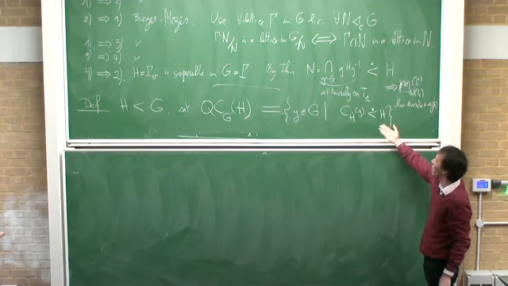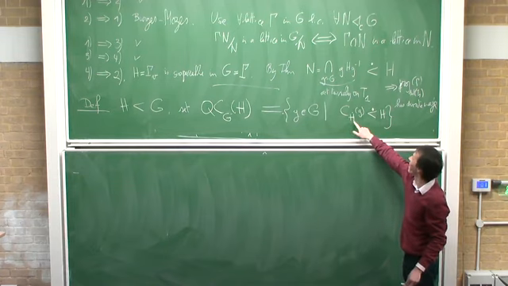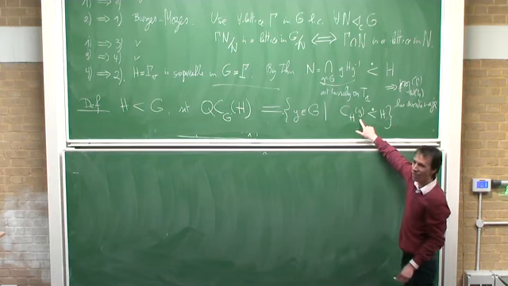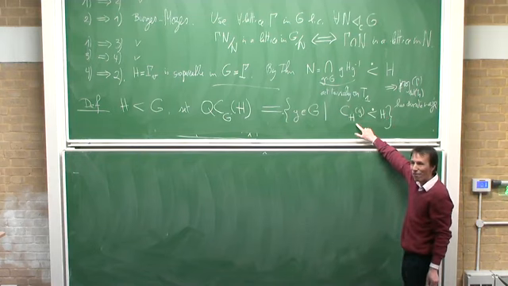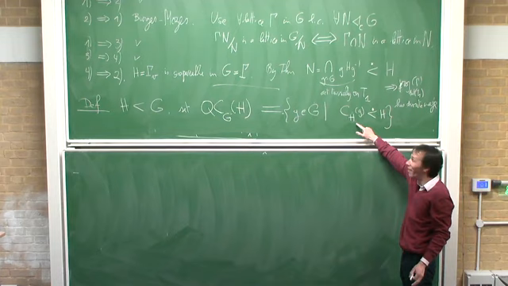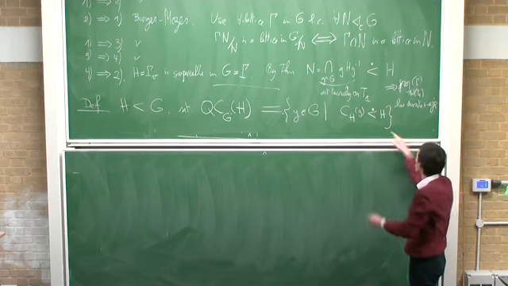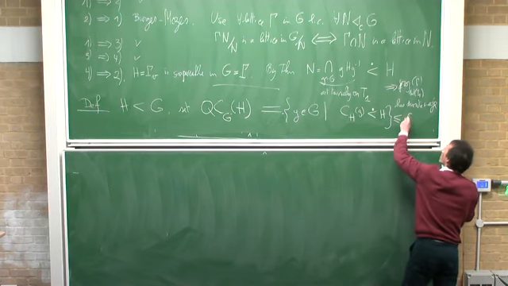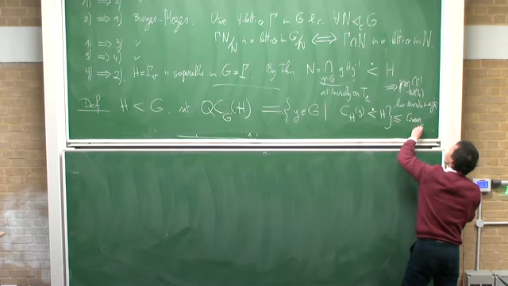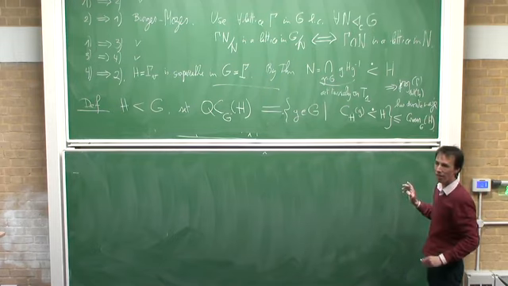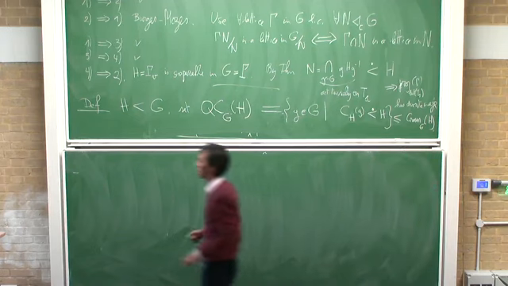Moreover, if you centralize a finite index subgroup of H, then in particular you normalize a finite index subgroup of H, so you commensurate H. So this is always a subgroup of the commensurator in G of H, and it's not only a subgroup, it's a normal subgroup.